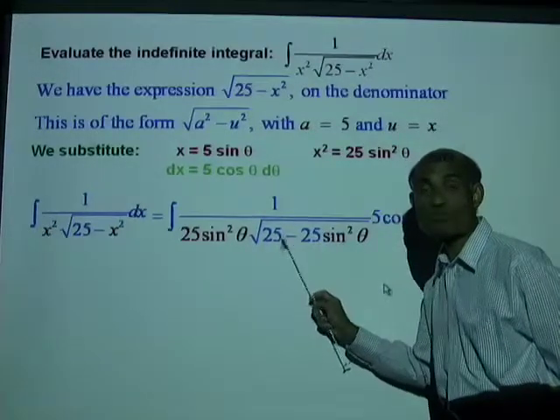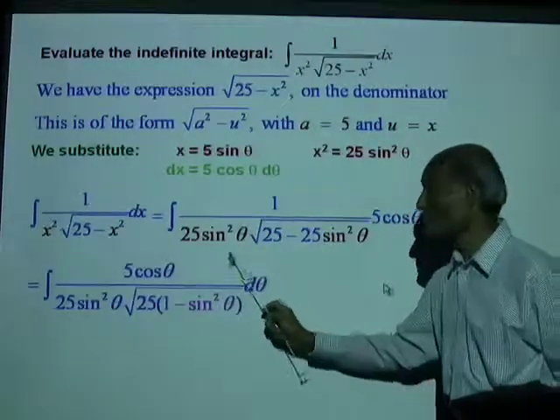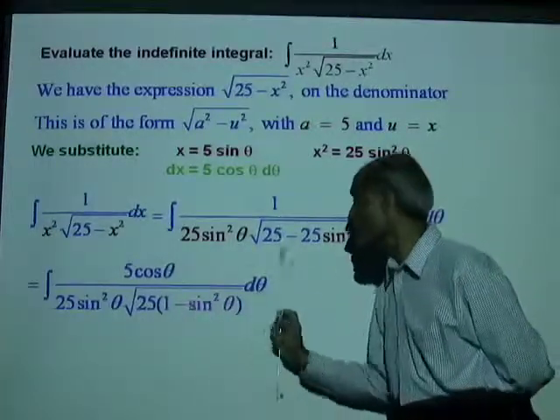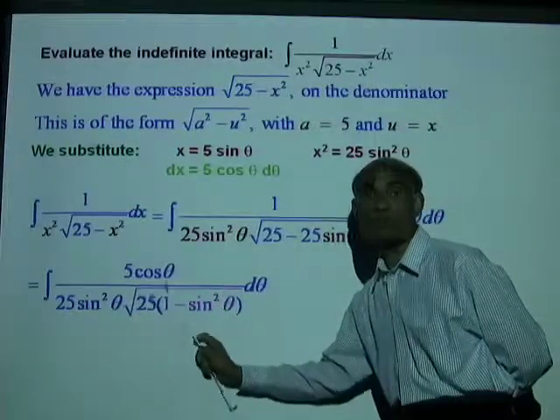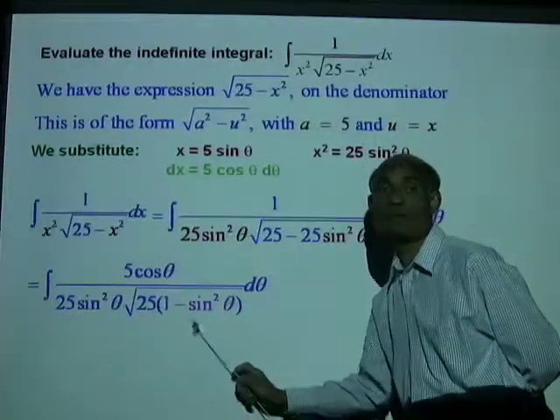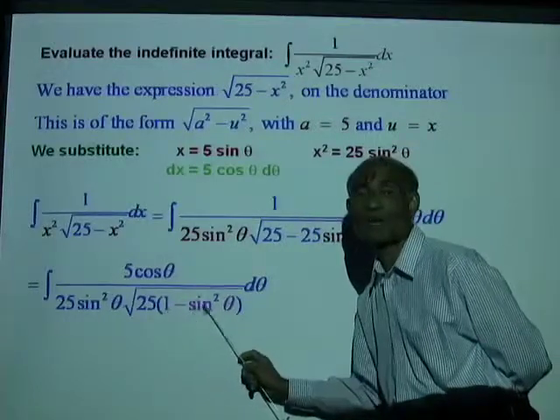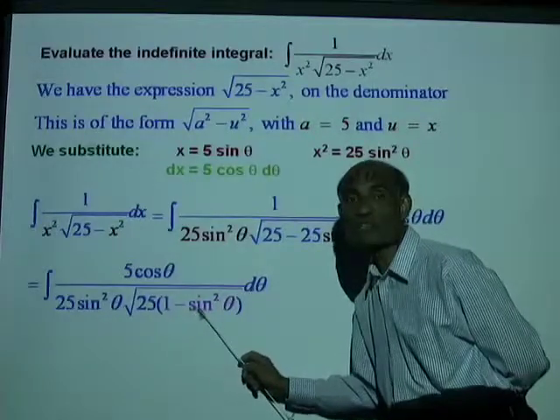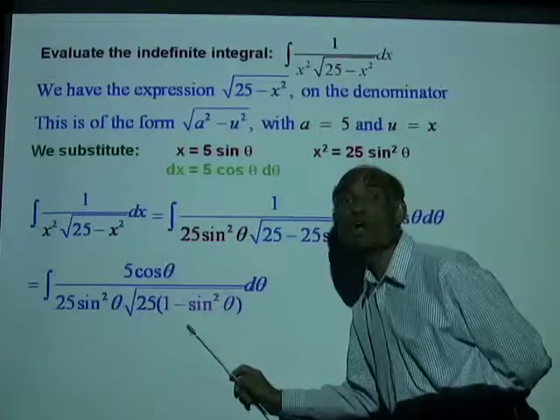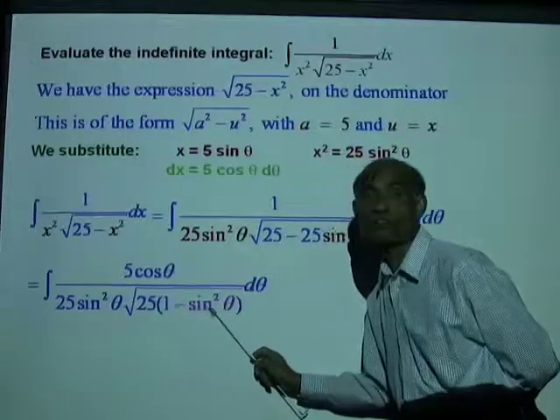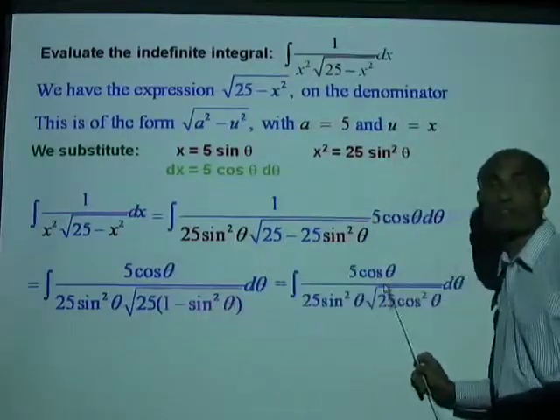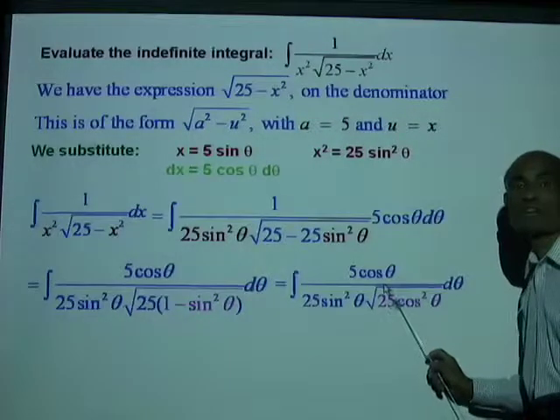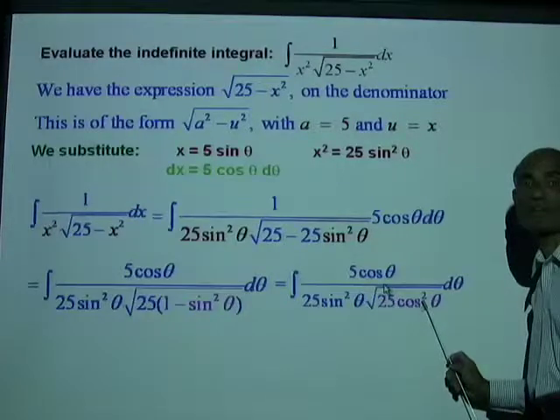We factor out a 25, so that will be the square root of 25 times 1 minus sine squared theta. Now look at the desired form that we created here. What is 1 minus sine squared theta? It is cos squared theta. So the quantity inside the square root is now 25 cos squared theta.